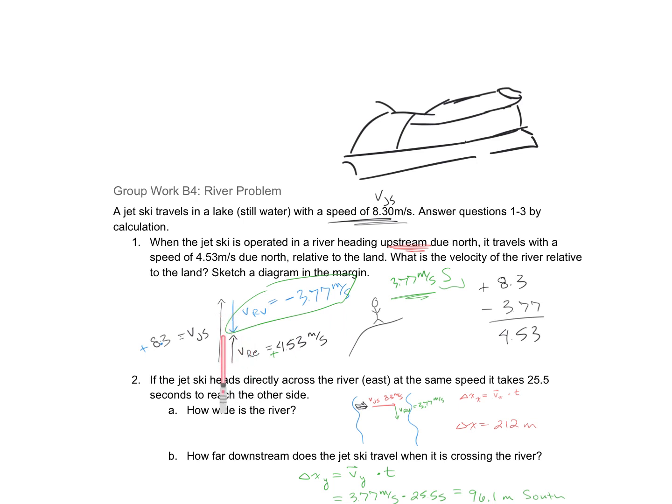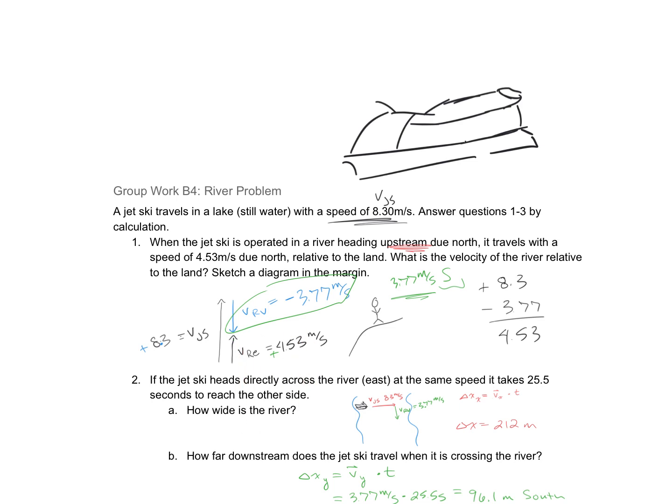So in this example, the jet ski's motion is opposed by the motion of the river to produce a final resultant vector. And so the math we do in class shows that if you add these two vectors together, tip to tail, the velocity of the river must be negative 3.77 meters per second. That's what produces this resultant vector.